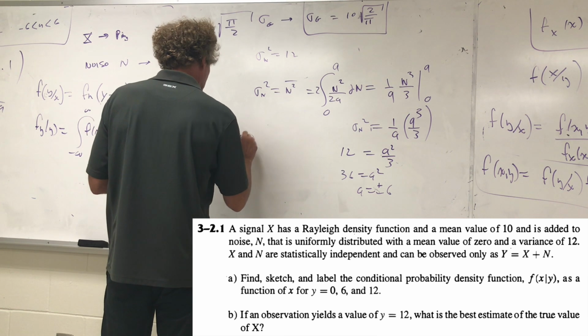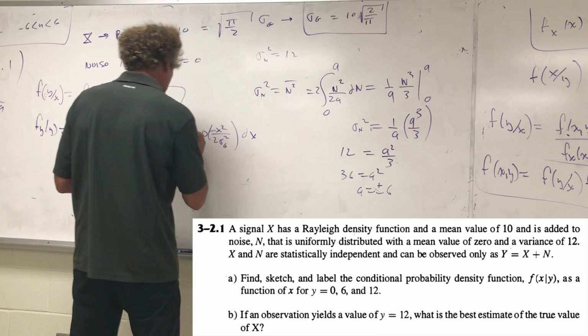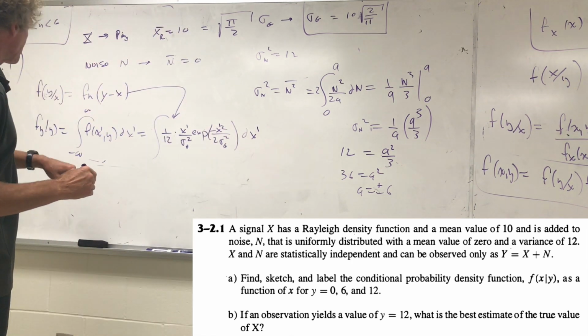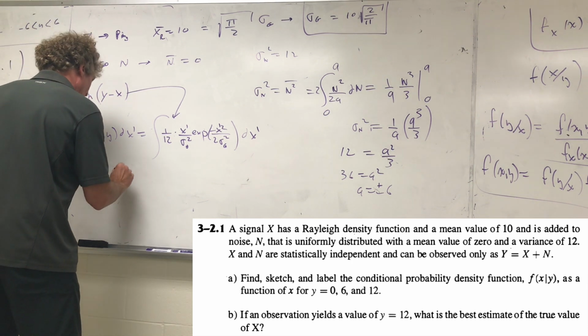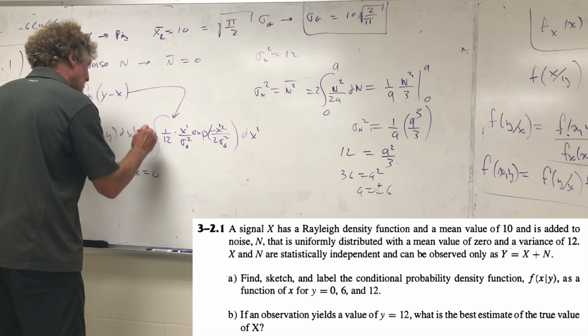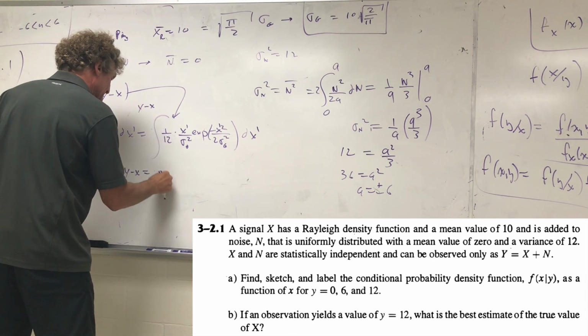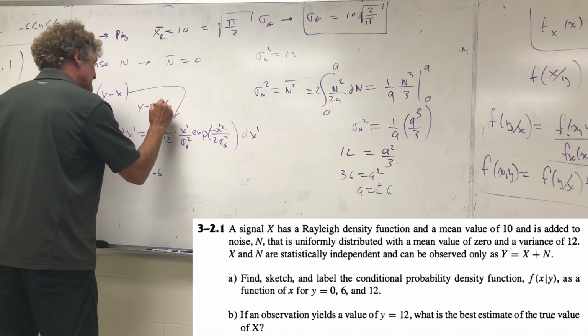And this has to be integrated. You've got to integrate out dx, actually, it's technically dx prime, over the limits. And this is going to be from y minus x equals minus 6 to 6 right here.